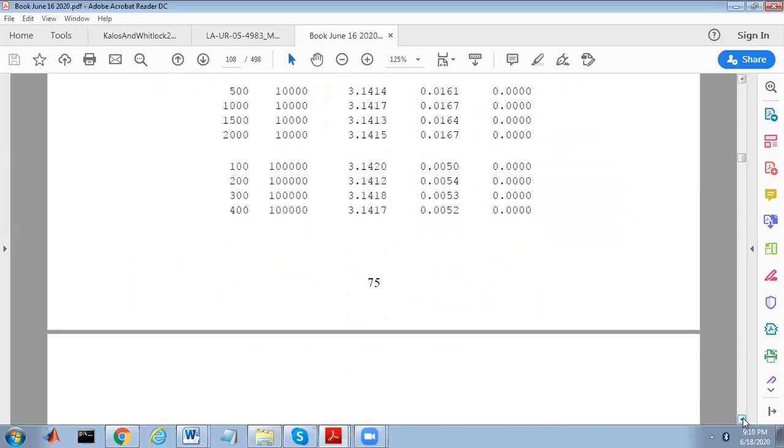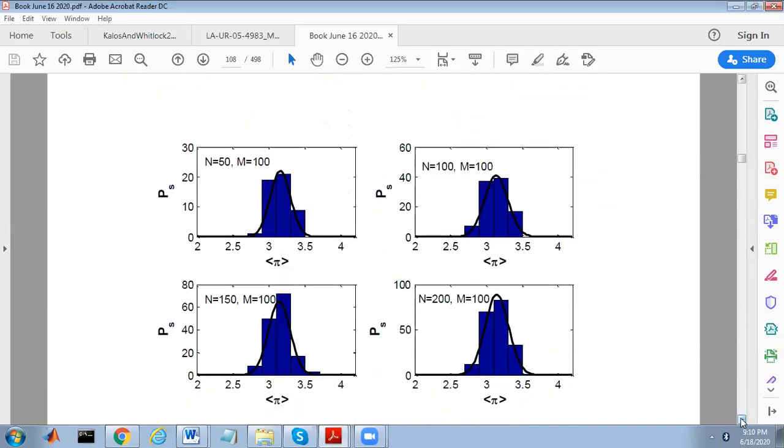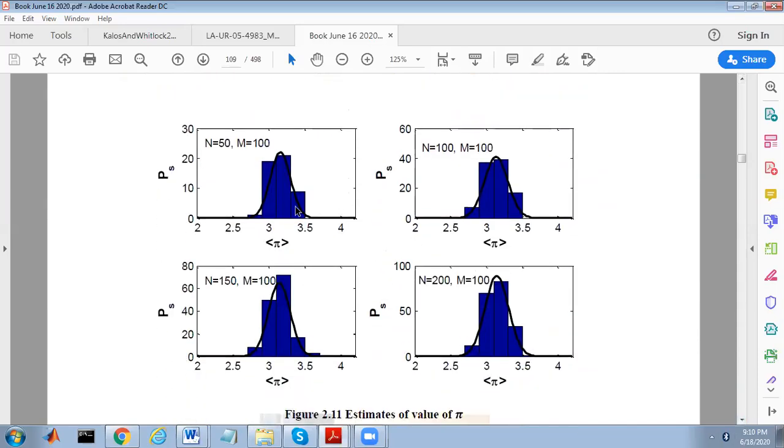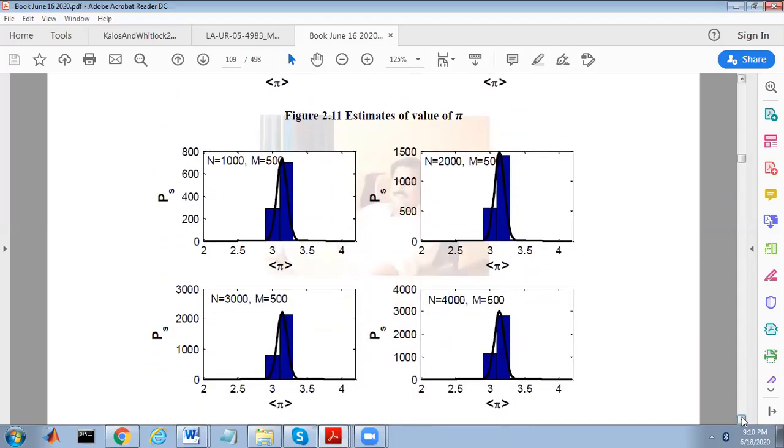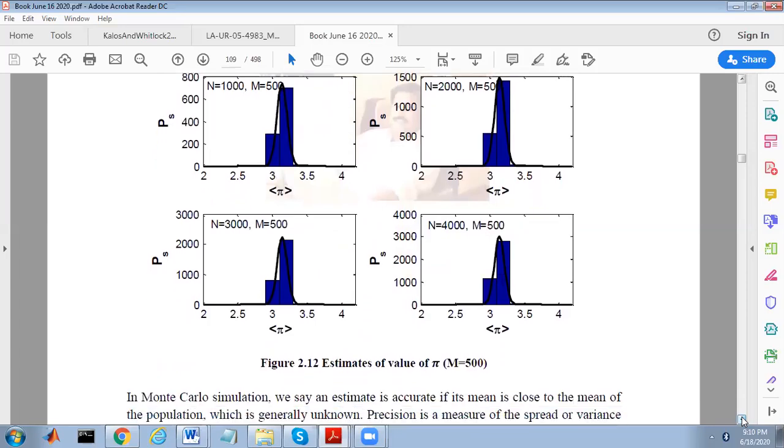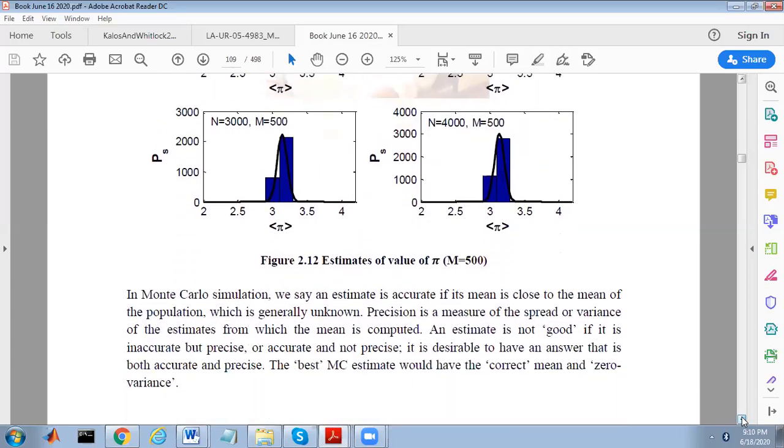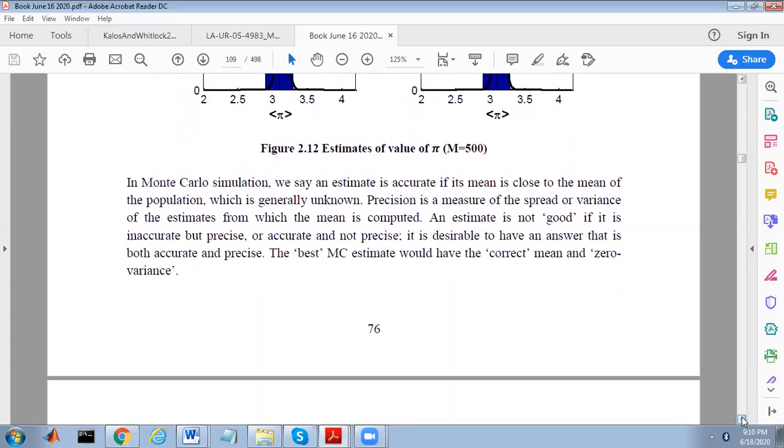I played around with lots and lots of values, and I made a little distribution of what value I get for pi. So for different simulation parameters, see, I'm approaching a normal distribution. So I'm going to give you an answer for pi which is normally distributed. And as the numbers become bigger, see, my normal distribution is shrinking. And that's a typical characteristic of sampling.